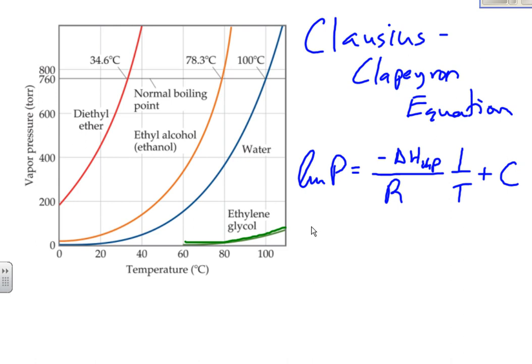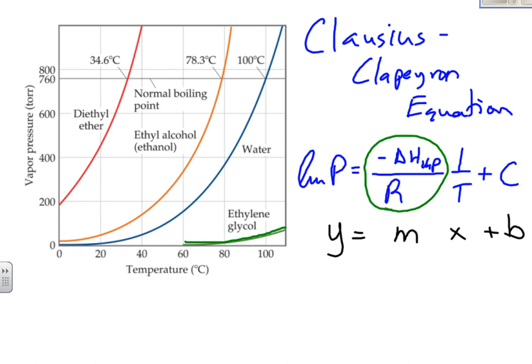Well, if we look at this, we end up with a linear equation here. y equals mx plus b, where this value right here is our slope.